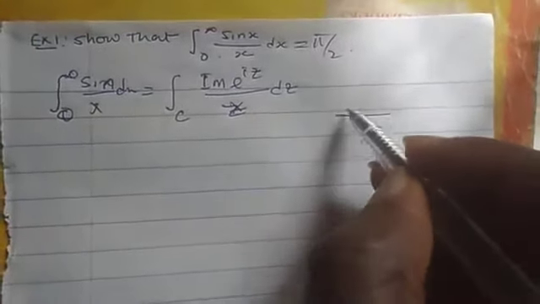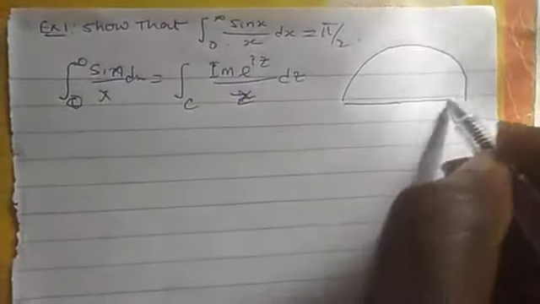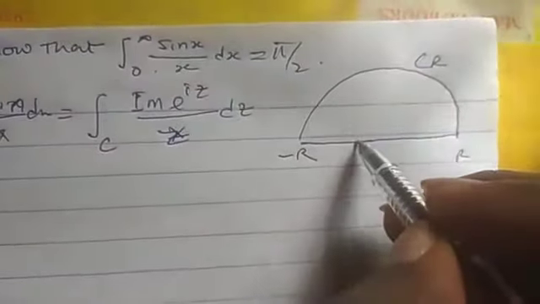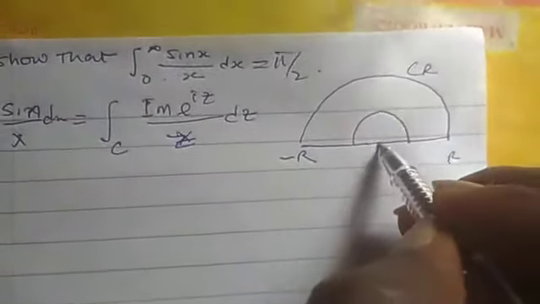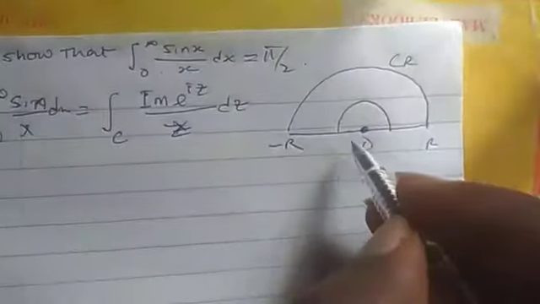Now, we are integrating it along an indented circle. Minus big R to big R, c big R. We indent it here at the singular point, which is 0. If you look at it, there's 0 there.